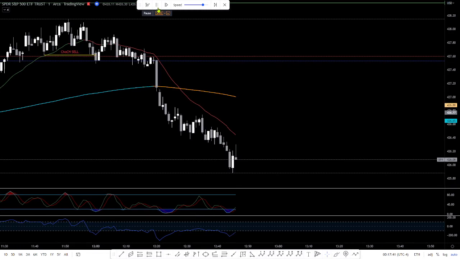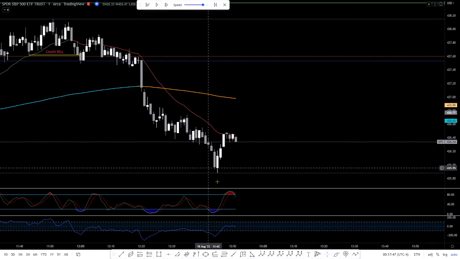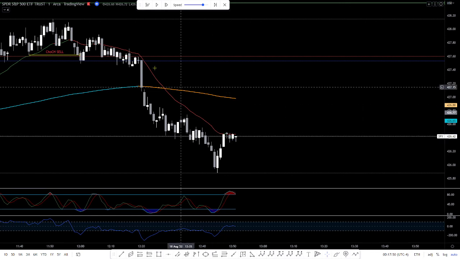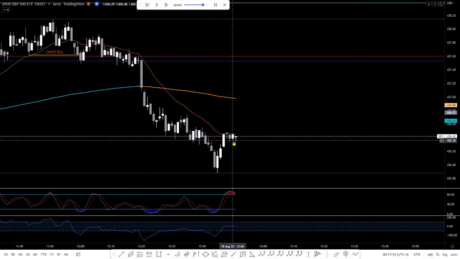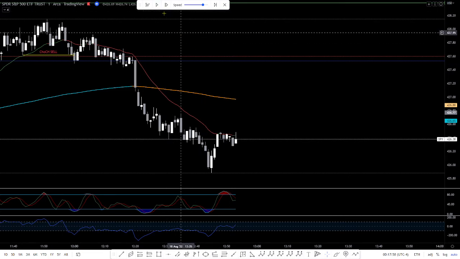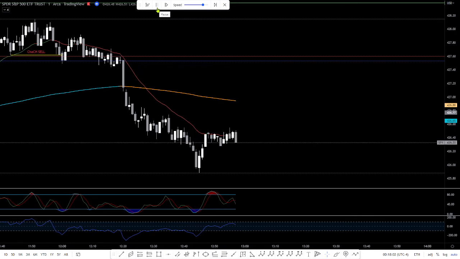So we got nothing right now, still nothing, but we end up getting another sell signal, so we could play the trend. We're just looking for something that would break this level here. Still got nothing yet.